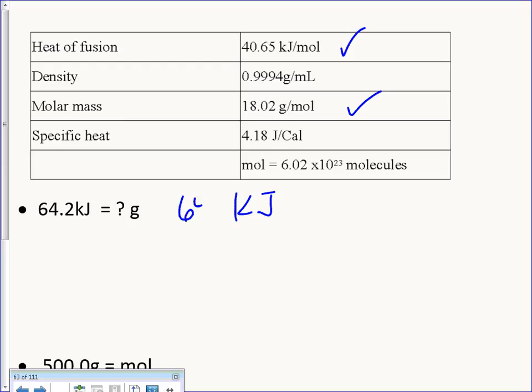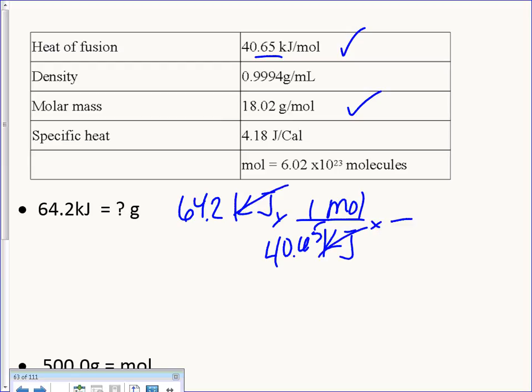We are starting with our 64.2 kilojoules. We need to cancel kilojoules. It must go in the denominator to cancel. We see that kilojoules is paired with the mole, so we're going to put the mole on top. 1 goes with the mole, 40.65 goes here, because that number sticks with kilojoules. That allows us to cancel kilojoules and kilojoules. Then you stop and breathe.